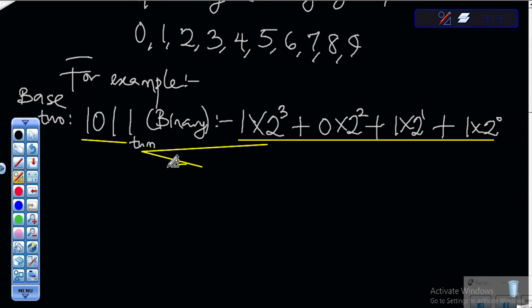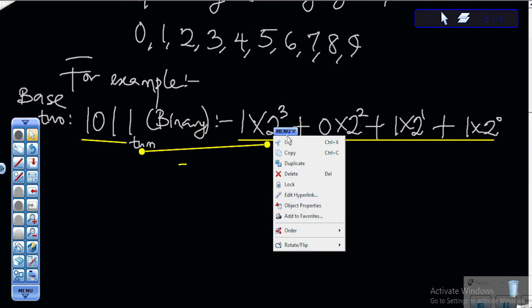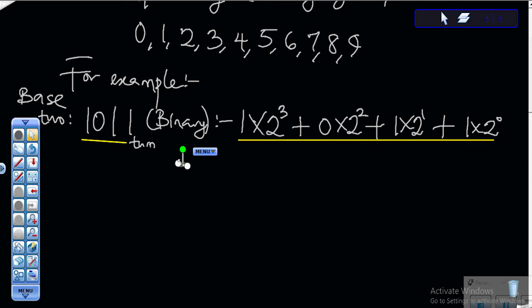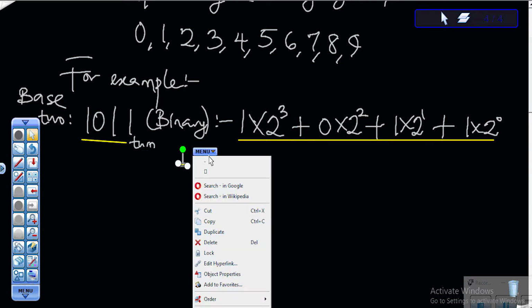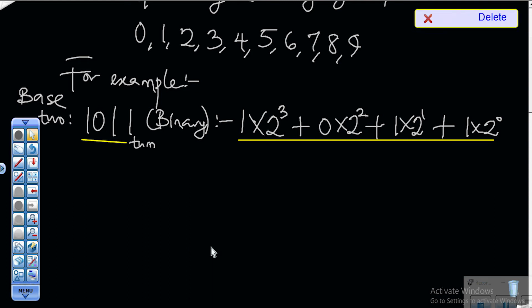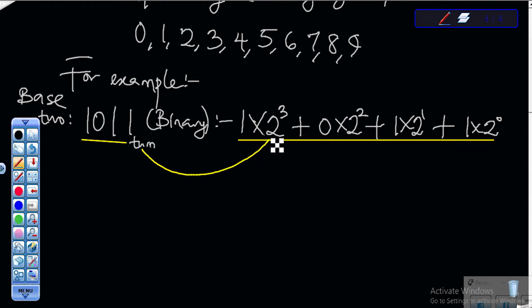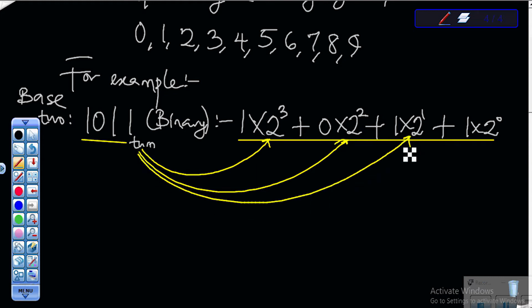Which implies that there is a relationship between the base and this figure that is being repeated. I want you to take note of that. As it is being repeated, that means there is a connection.